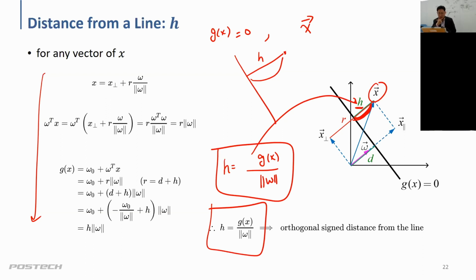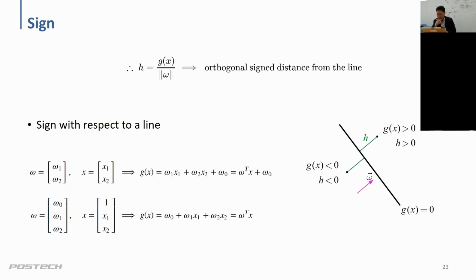Now let me see. Suppose we have omega in that direction. We know that this will be perpendicular, and we know H is like that. If we have an X point here, and omega is in that direction, this one is positive.